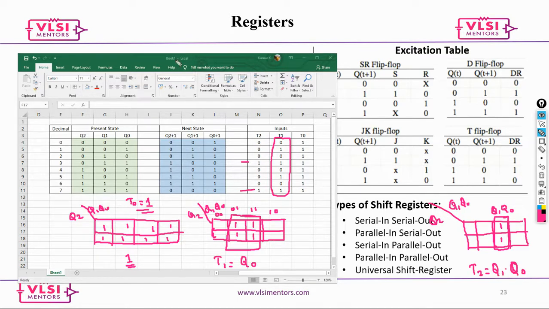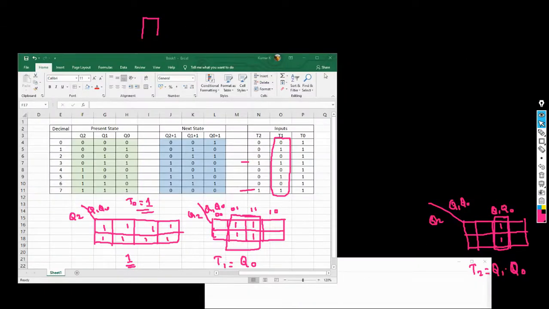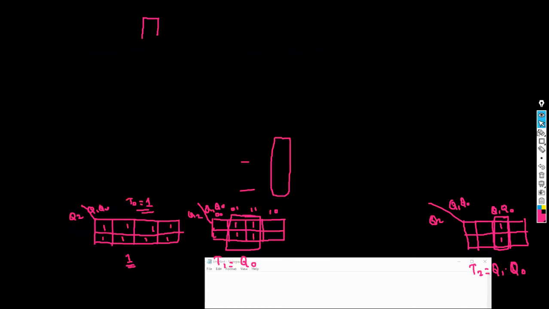Now what is going to be the circuit? So your circuit is going to be like this. So now this is going to be your T0, T1 and T2.